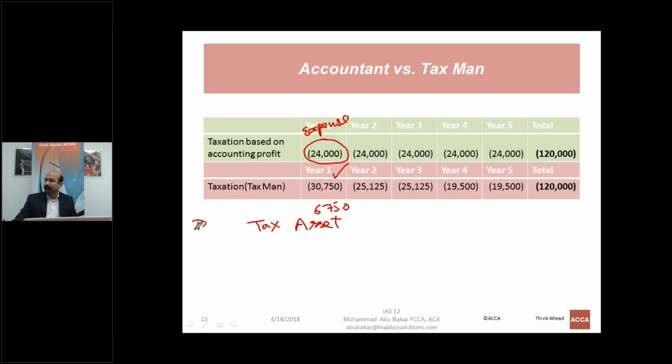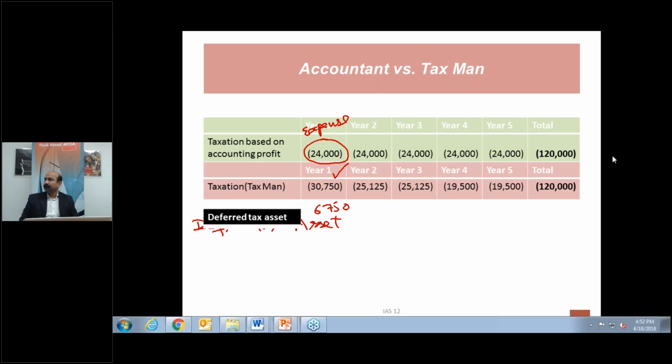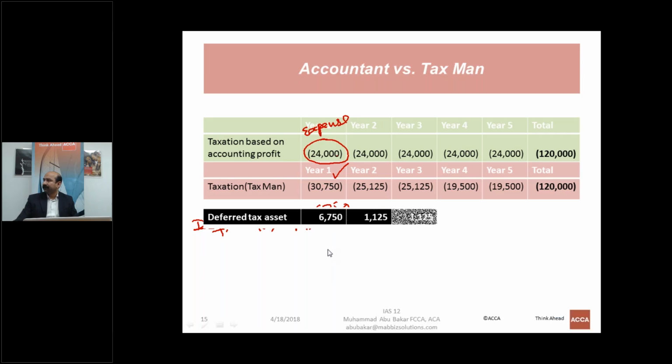Only you will be adding the word deferred just to show that this amount will be reversed after a period of more than 1 year. Otherwise, this is only an asset. Likewise, in year 2, this is our deferred tax asset. Here it started reversing.